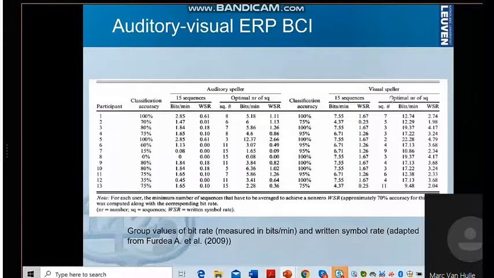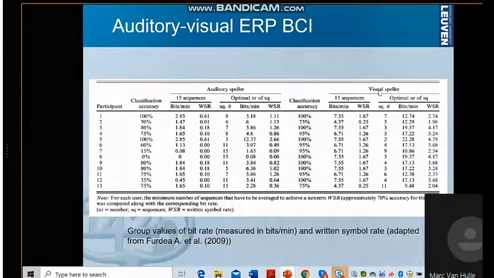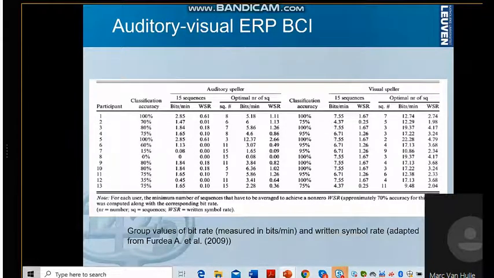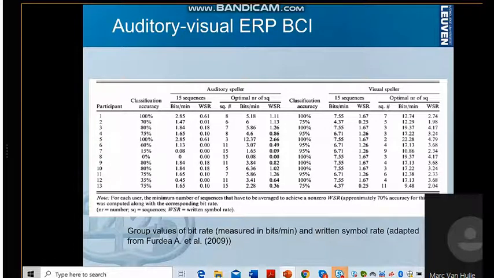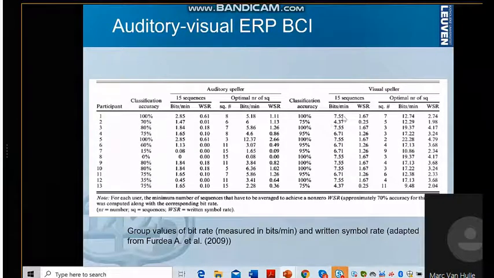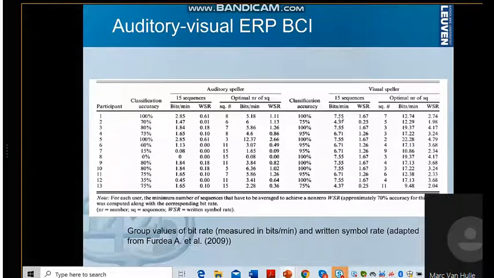Now, if you support that with visual information, as we just have shown, so that the subject knows that, okay, this is now the beep corresponding to column 6, for example, then you see that the accuracy goes up, and also the bits per minute goes up.